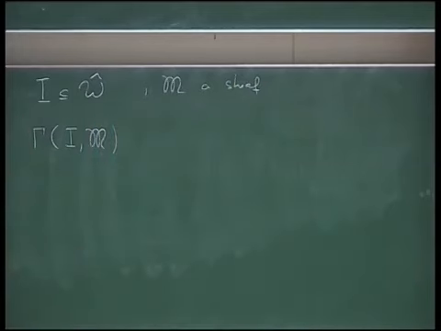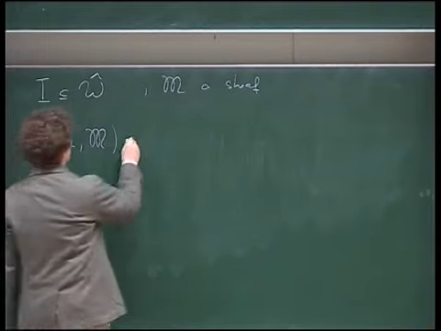Then we can define the sections of M over I to be the following space.